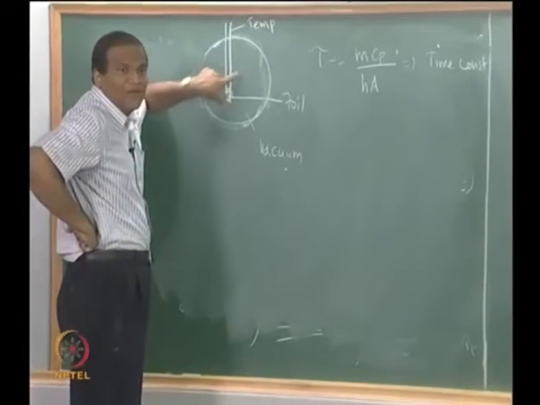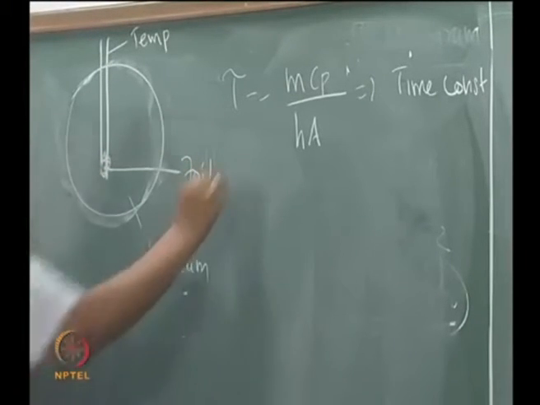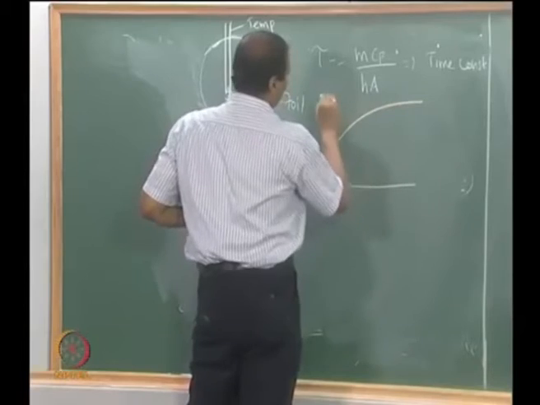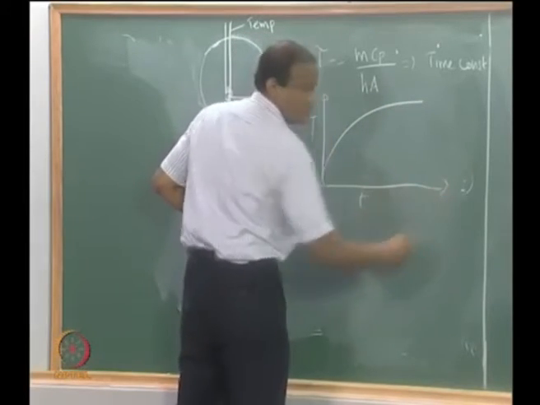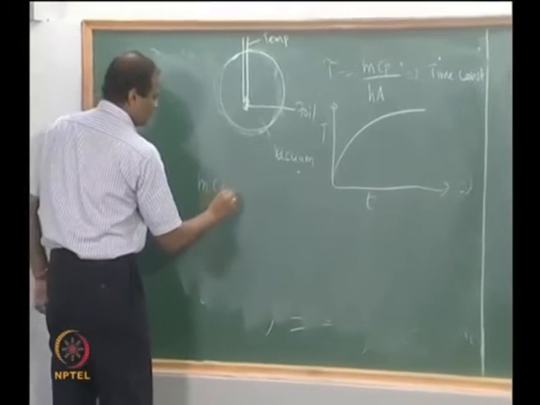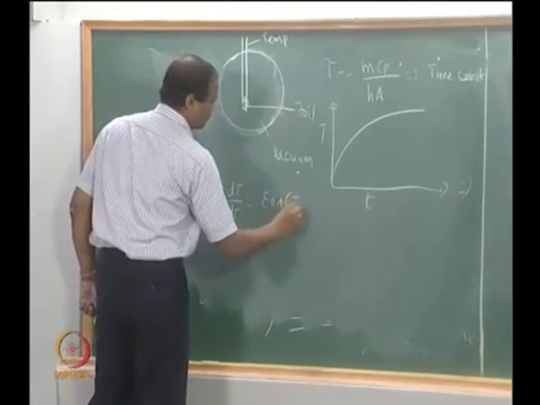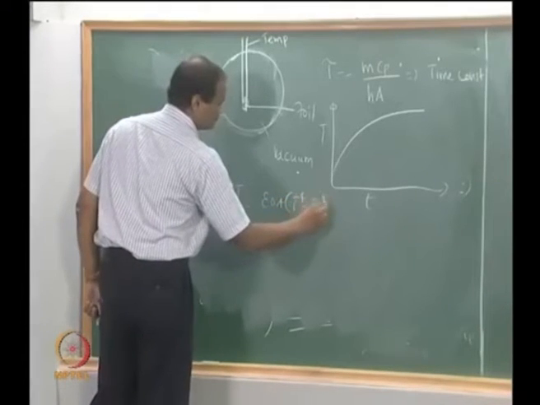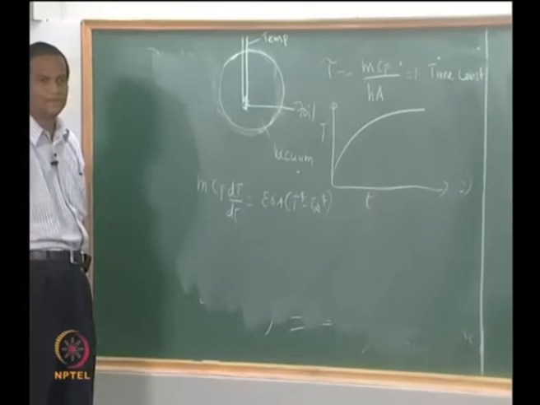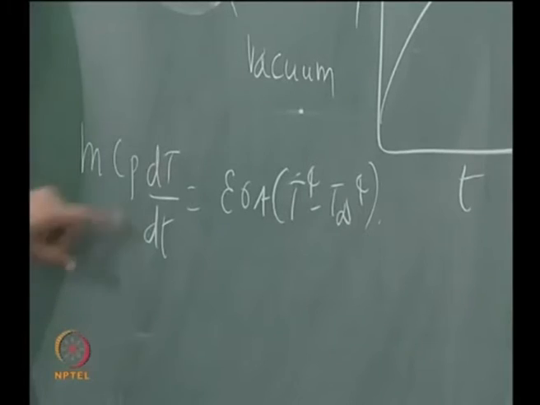This is vacuum, so I completely avoid convection. Now the temperature response will be like this, the temperature of this will go up in time, but now the governing equation is different. Therefore, if I carefully do experiments and get temperature as a function of time, I can get the emissivity of the surface.